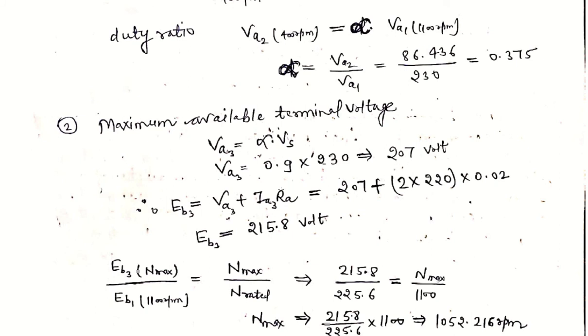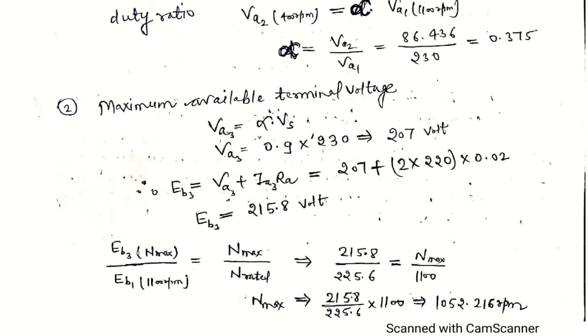Now we have Va3, Ia3 and Ra, so we calculate the back EMF. Back EMF is Va3, 207, plus Ia, where Ia is 2 times 220 amperes. Why? Because the problem says the motor takes current twice the rated current. So twice into 220 amperes into 0.02. Eb3 is calculated to be 215.8.